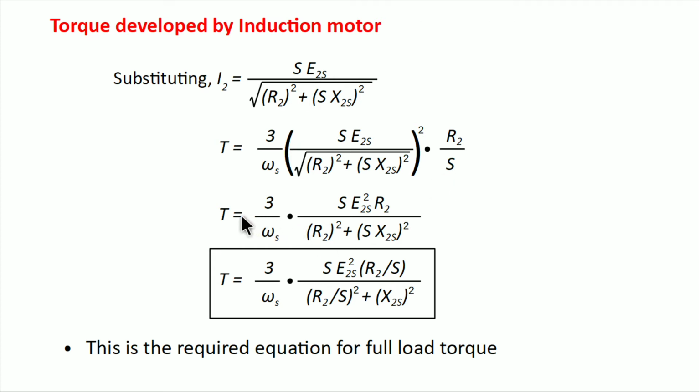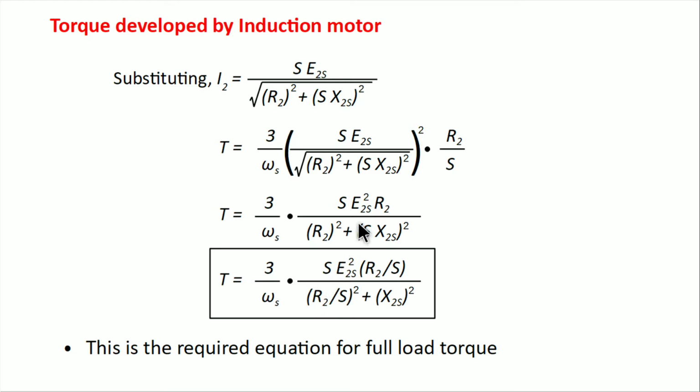Now this comes out to be 3 over omega S, S E2S square. This is S, this becomes S square; S square divided by S, one S remains here, E2S square right here, R2 is right here. While squaring, the square root cancels out and the bottom is R2 square plus (S X2S) whole square.